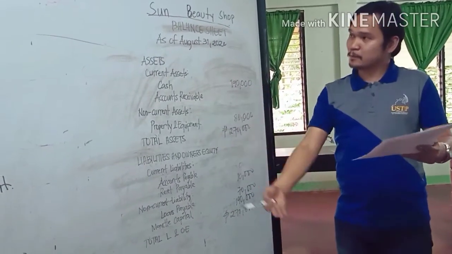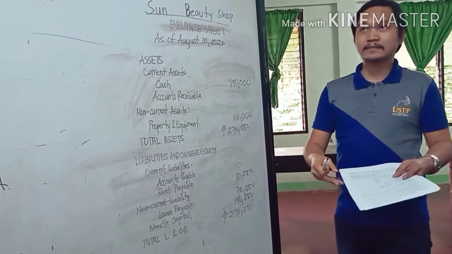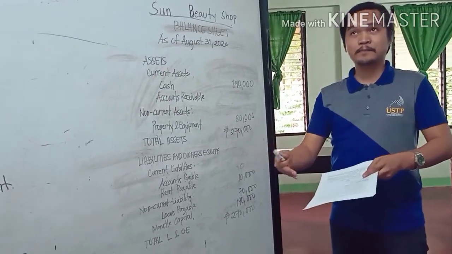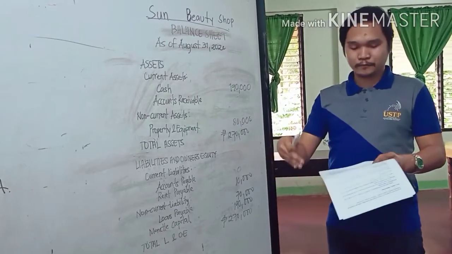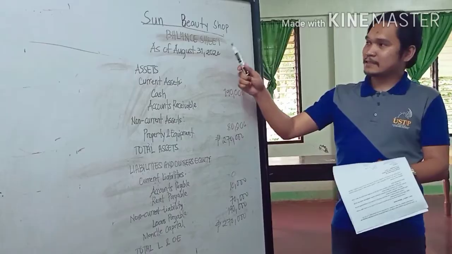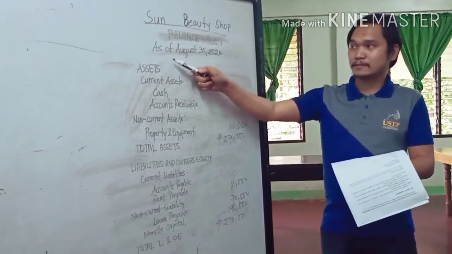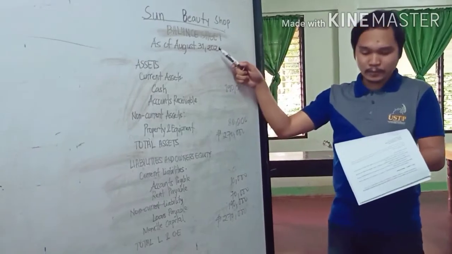Unlike the other components of the financial statements, which cover a span of time, like for the period ended or for the month ended, the balance sheet presents information as of a certain date, for example now, as of August 31, 2020.